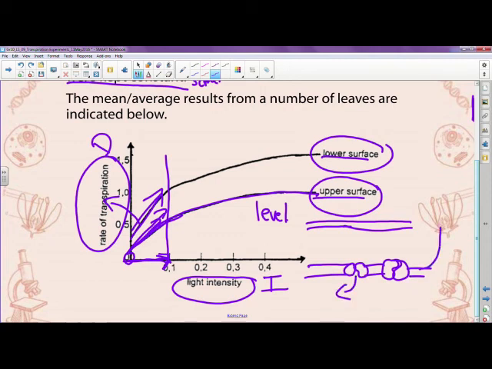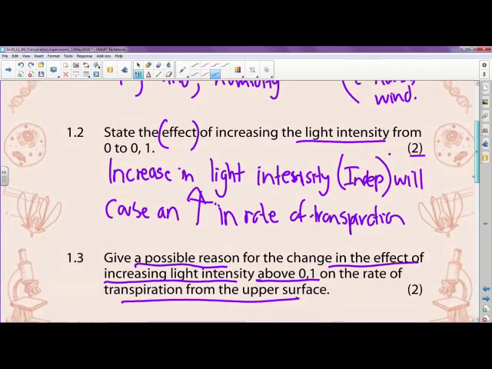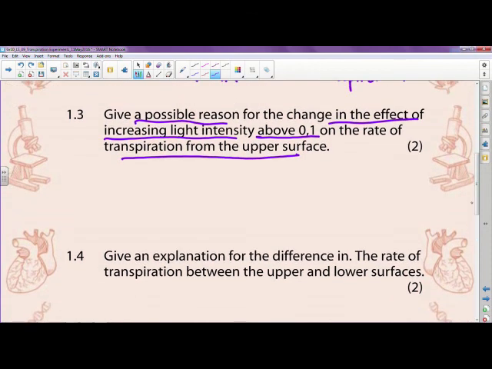Because it occurs on the lower surface, we would expect the result to be higher than the upper surface. So on the upper surface, why does it level off? Why does it not continue increasing?